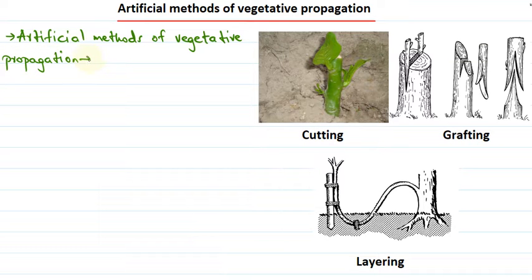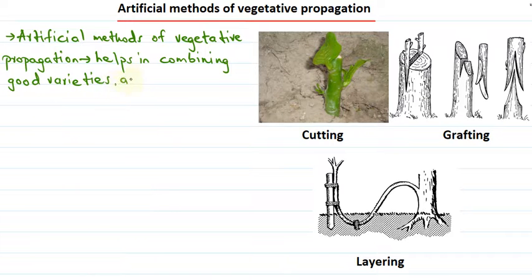It helps in combining the good varieties of plants, and it also helps in the quick production of new plants.